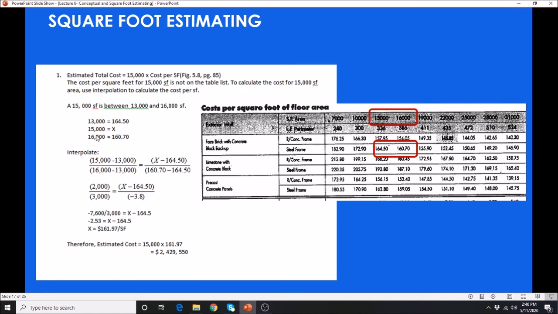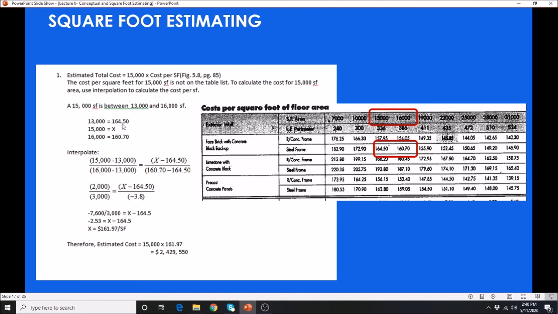What we could do is subtract 15,000 minus 13,000. Then 16,000 minus 13,000 at the denominator. You need to be very consistent. At the top, we subtracted the first from the second, so that should be the same as you move on to the right side.